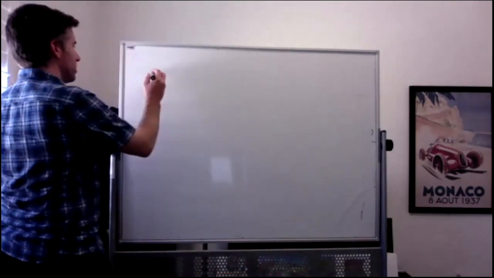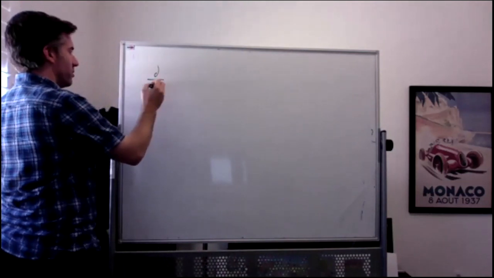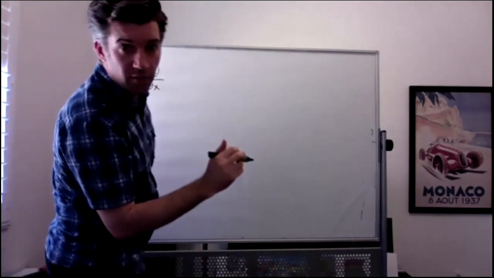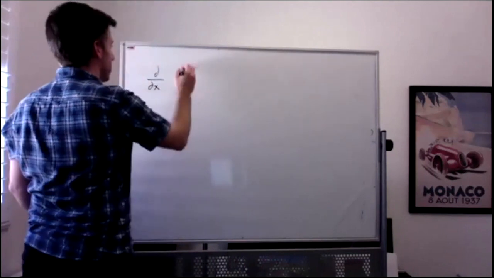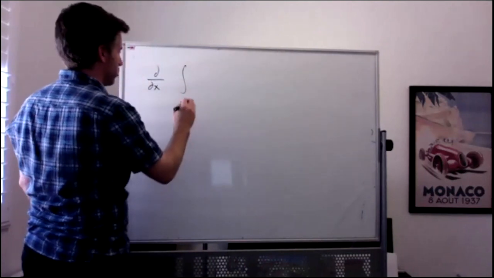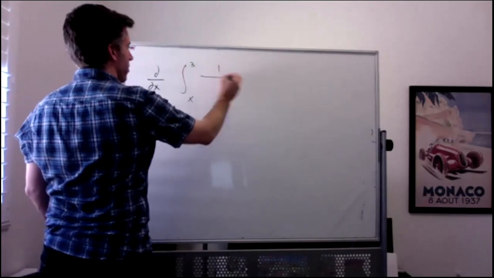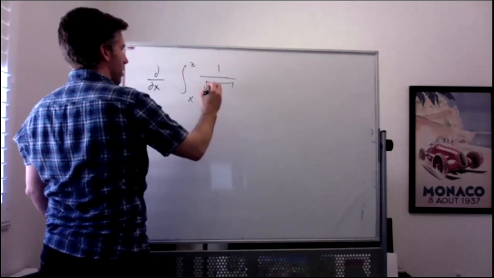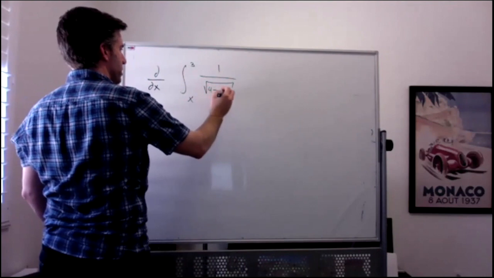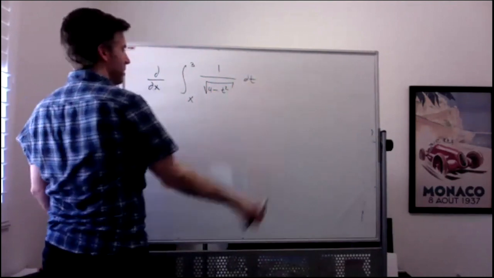You could totally do these two problems. Find the derivative of the integral from x to 3 of 1 over the square root of 4 minus t squared dt.